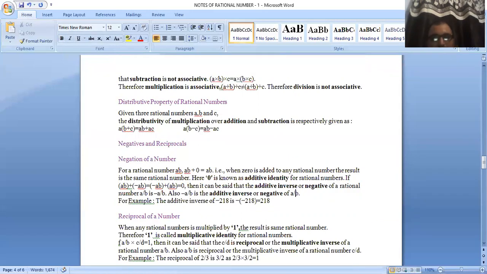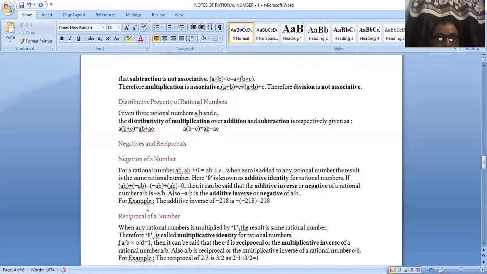In a simple way, to get the negative or additive inverse of a number, we have to change the sign of the given number. Like that, what is the additive inverse of a upon b? We can simply say the additive inverse of a upon b is equal to minus a upon b.